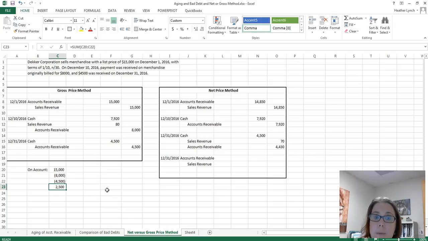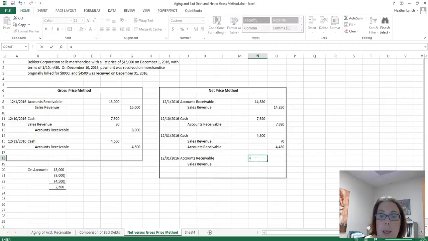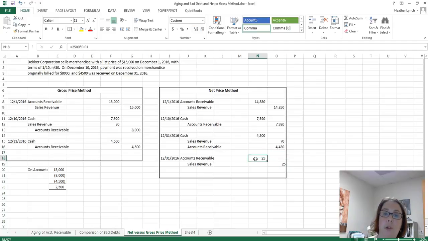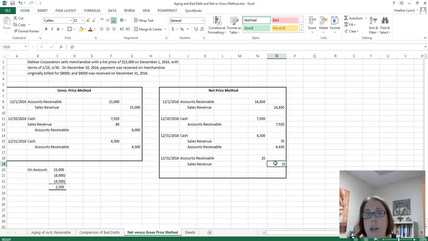December 31st comes along. We need to reconcile the account for any amount that the discount was not taken. $2,500 was not taken, so we take that $2,500 times 0.01, and that gives us what the accounts receivable, we're bringing it back up, and we are increasing our sales revenue by the $25.